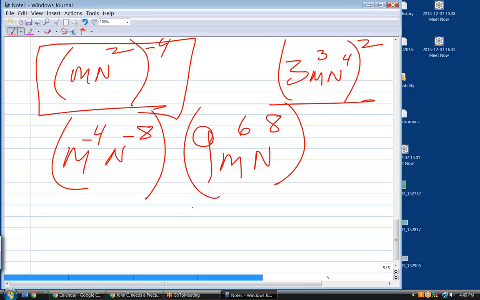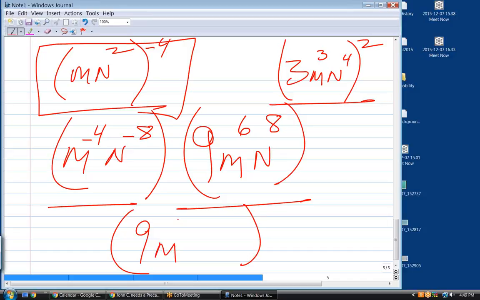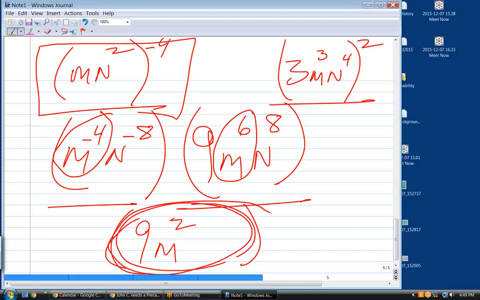Okay, now combine that and that. What do you get? 9 to the 6. Hold on. We got that. We got that. Combine those. Squared. And, no. N to the 0, yep, which is 1, which means that's our answer.